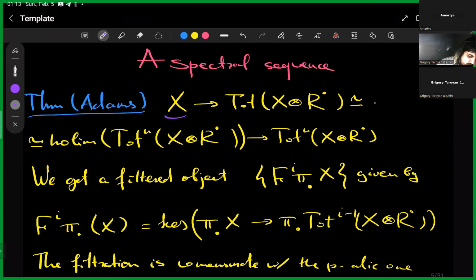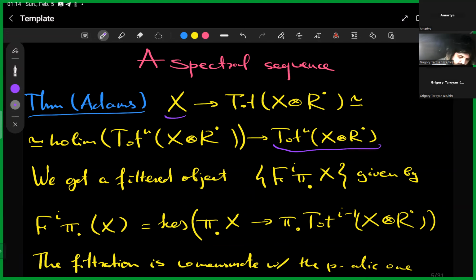Then it is equivalent to the homotopy limit of n-fold totalizations. And we have a canonical map from the homotopy limit to one stage of such totalization. And then we have a filtered object of homotopy groups of X, where the term number i in this filtration is given by the kernel of this map described here on homotopy groups.